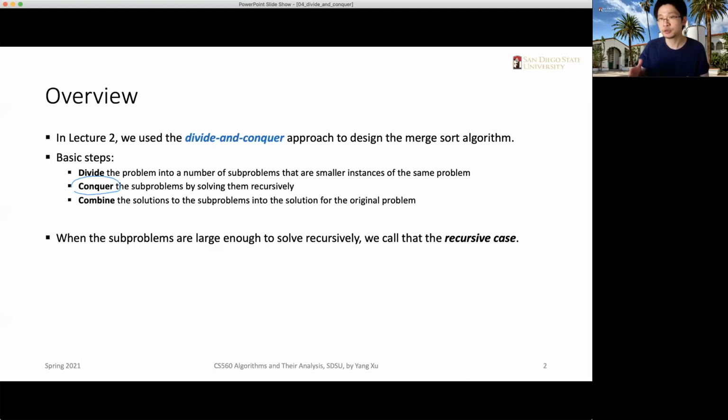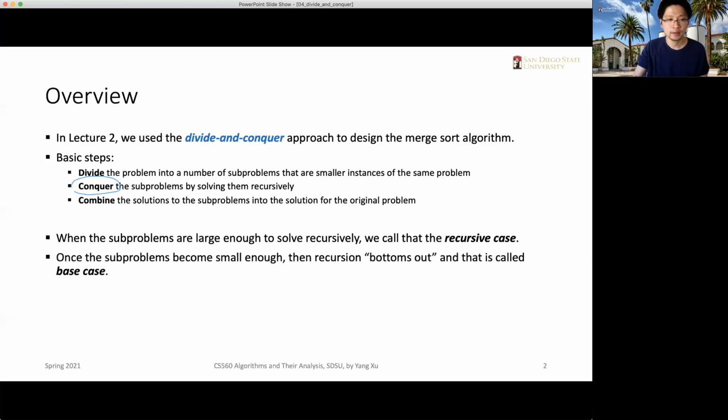But eventually we will hit some point where the inputs can no longer be divided. Okay, and that is the so-called bottom case, or the base case for the dividing step, or the base case for the recursion.